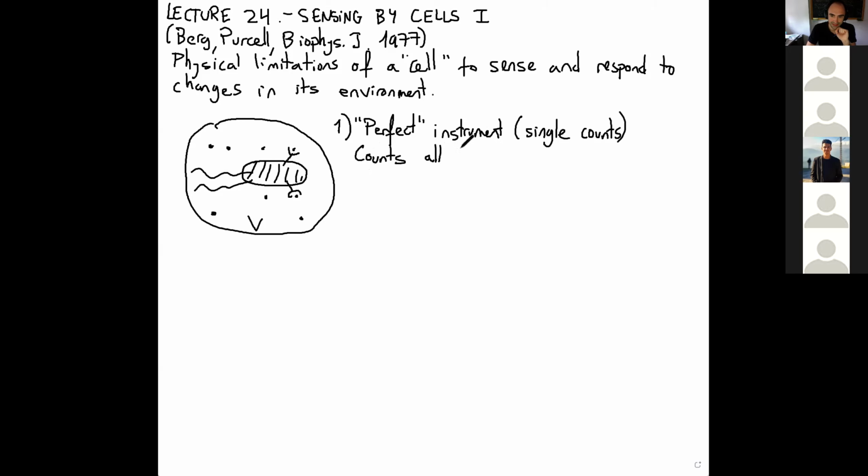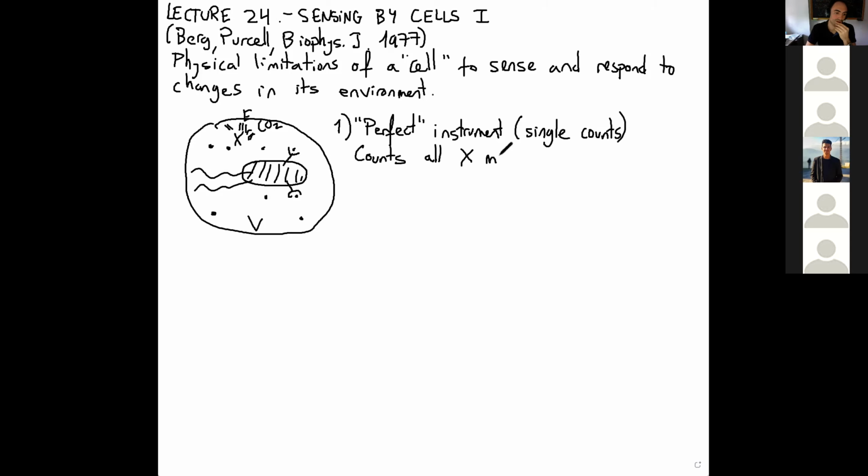So it counts all X molecules. X means not the position. X doesn't mean how many molecules. X means that these molecules are of a species called X. X could be, for example, CO2, or X could be an enzyme, or X could be whatever. It's the species.